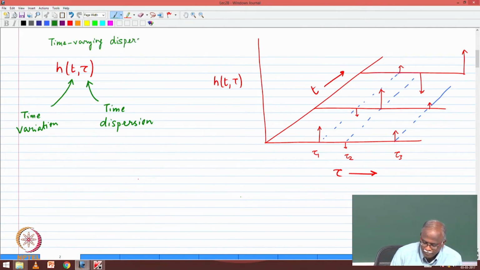Time variation captured by t, the time dispersion captured by tau, and again the picture on the right hand side is a familiar one. We have used it in two of the earlier lectures just to show that there is a delay dimension, there is a time dimension, how we interpret the time variation, how we interpret correlation, how we interpret the uncorrelatedness between the different delays. All of that is part of our model. So keep this picture in the back of your mind.